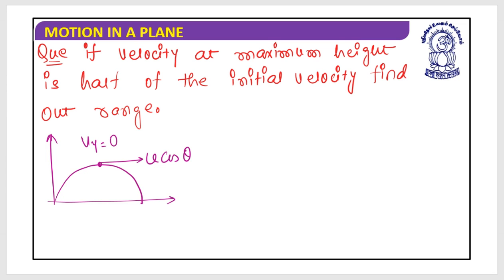The initial velocity is u. So they want the velocity at maximum height, that means u cos theta, to be half of the initial velocity, so this is u by 2. The u is gone, and cos theta is equal to half. As cos theta is half, theta is equal to 60 degrees.